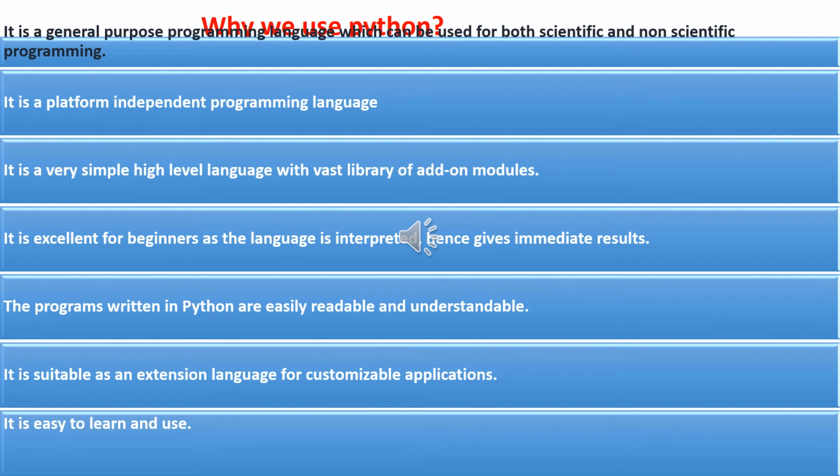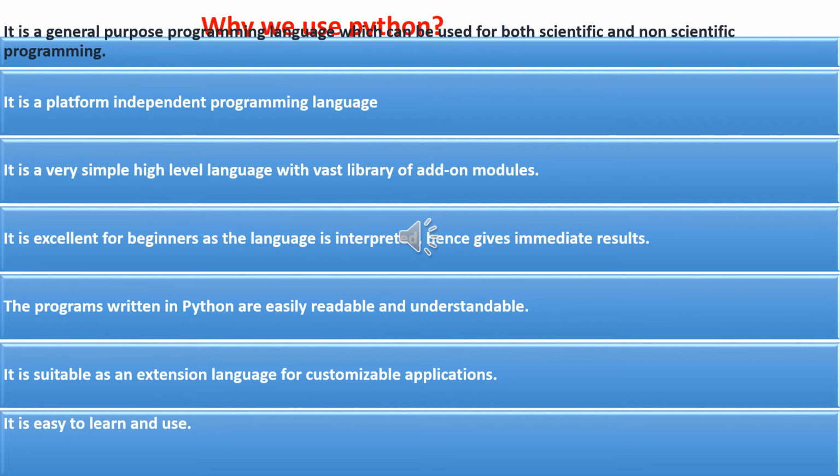It is excellent for beginners as the language is interpreted, hence it gives the immediate result. Interpreted means it has the interpreter. Python has an interpreter and a compiler. There are two types of translator that translate a high level language program to machine executable code: compiler and interpreter.